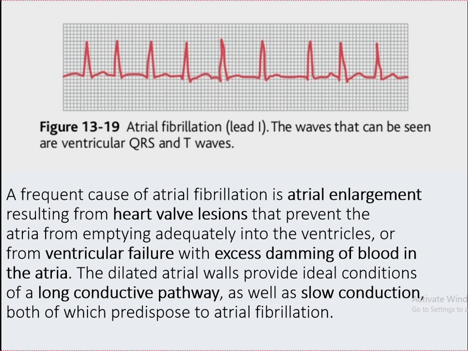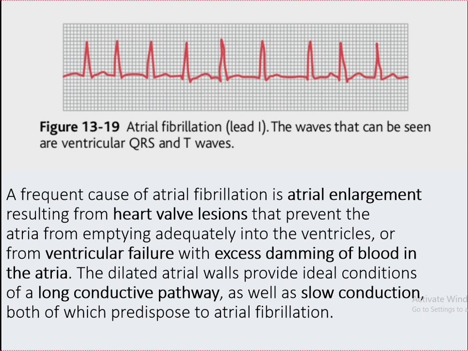The sinoatrial node in these cases can be led to produce impulses in a disorganized manner. So the excess damming of blood may be due to regurgitations, and you're having blood damming inside the atria, the walls dilate.